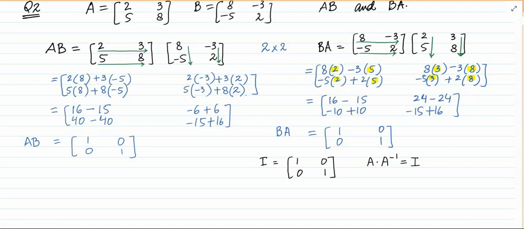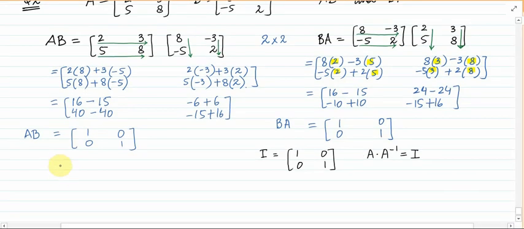Now in your question it says to describe the relationship between A and B. In our answer, we say that A times B is equal to 1 0 0 1, basically the identity matrix.